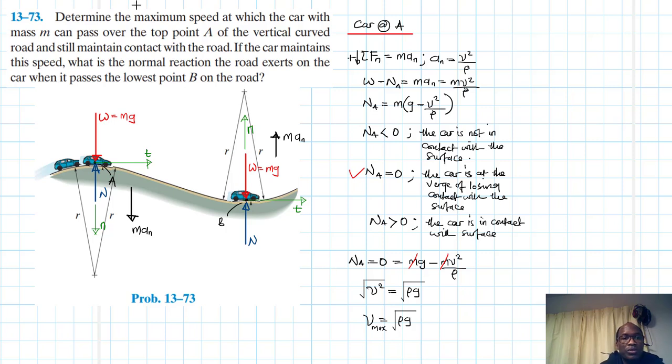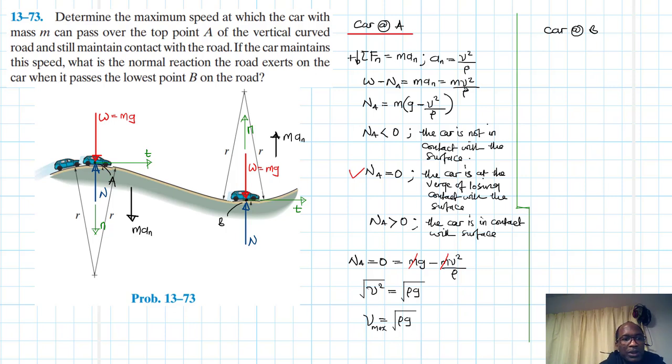So using the same speed, let's find the normal force at B. So we'll say car at B.